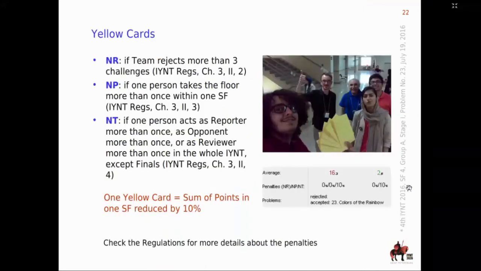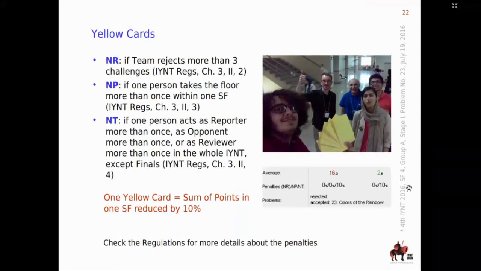Okay, yellow cards and penalty points. We have various limitations in the IYNT related to the number of times a team can send one specific person to the stage and the number of times that a team can reject a challenge. We have three important yellow cards in the IYNT, and let me explain what they are.